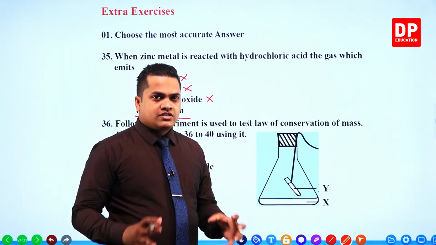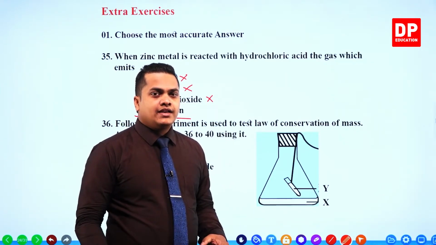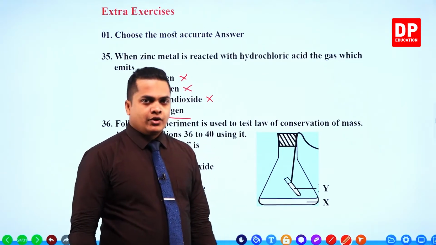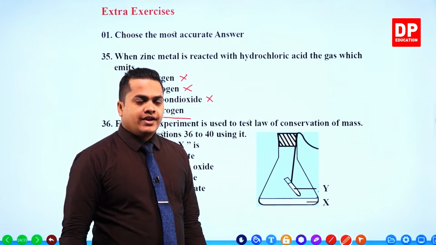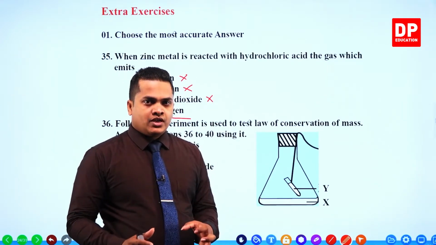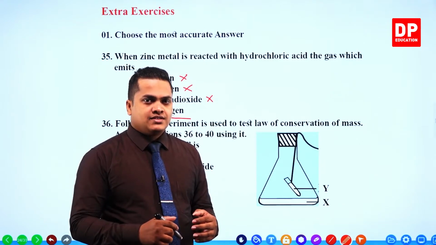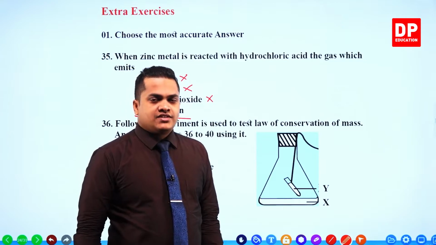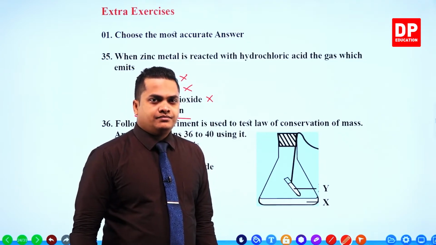In a closed system, we studied that the total mass is conserved during a chemical reaction. In simple terms, if you measure the masses in a closed system before and after a chemical reaction, that mass is constant. It's not going to change at all.